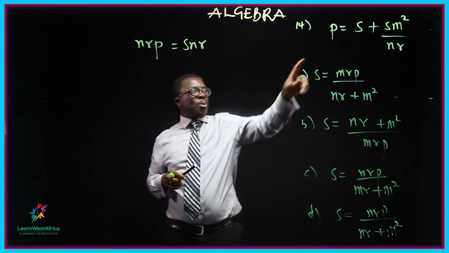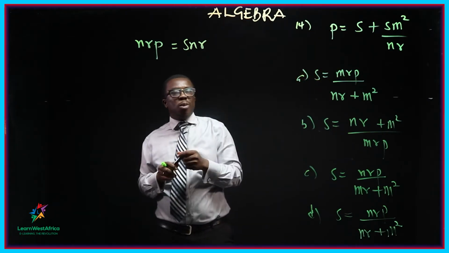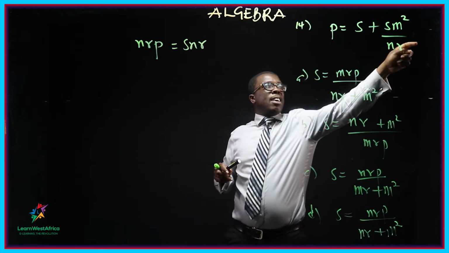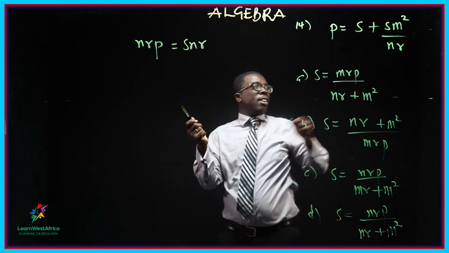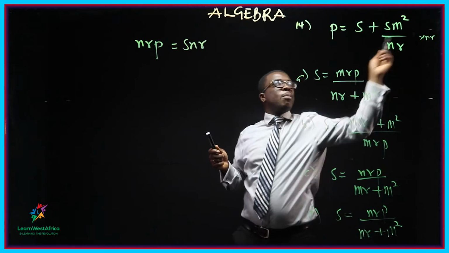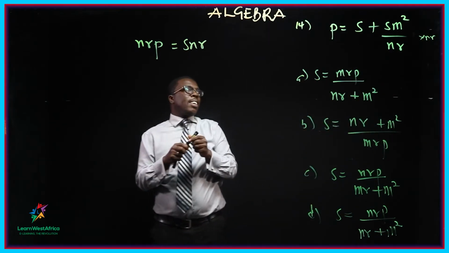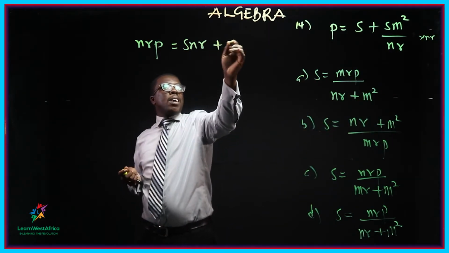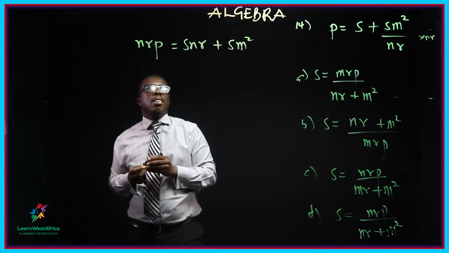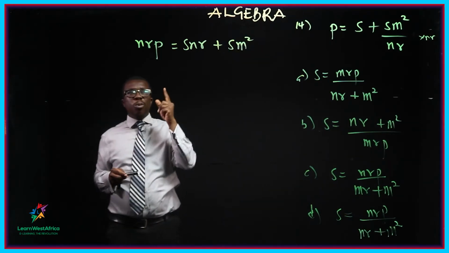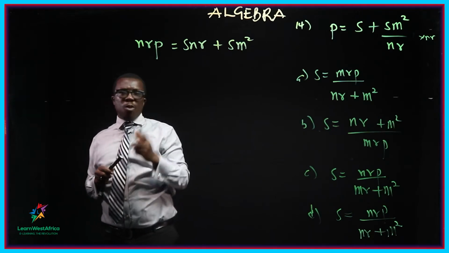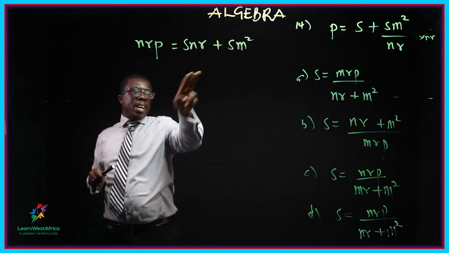Now you have S plus SM squared. You make S, you factor out S, because they are like terms.